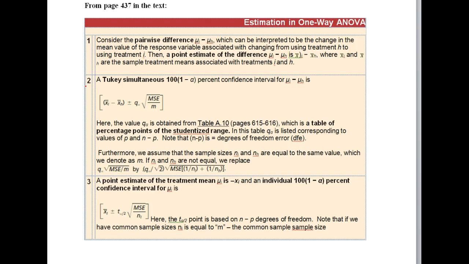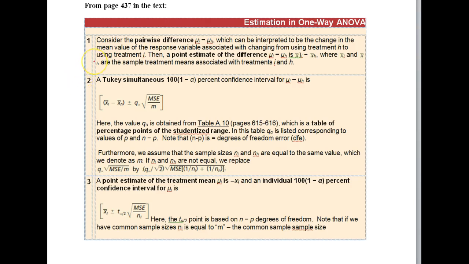Does that make sense? So m is just going to be n, assuming that we have an equal number of pieces of data per treatment. So m in our case, and the thing that we just looked at, is going to be equal to 4, because each treatment has the same number of pieces of data.